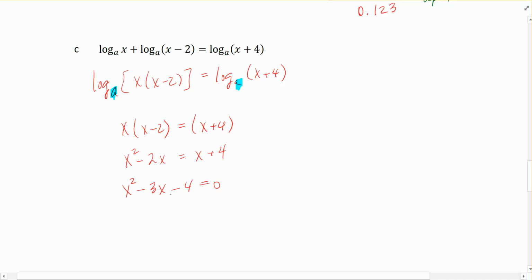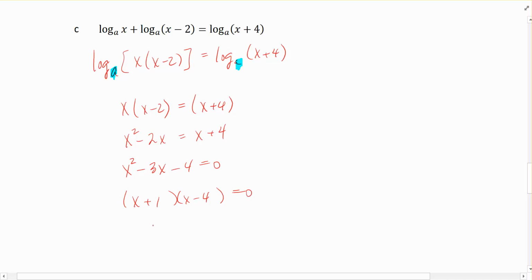This looks to me like it will factor, so we'll try to factor it into an x and an x equal to 0. Because this is a negative, I have to have positive and negative signs. So I need a negative 4 plus 1, which gives me back the negative 3. Setting each of these two factors equal to 0, I have x plus 1 equals 0, x minus 4 is equal to 0, or x is equal to either negative 1 or a positive 4.